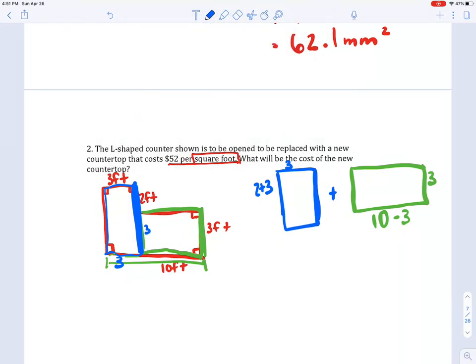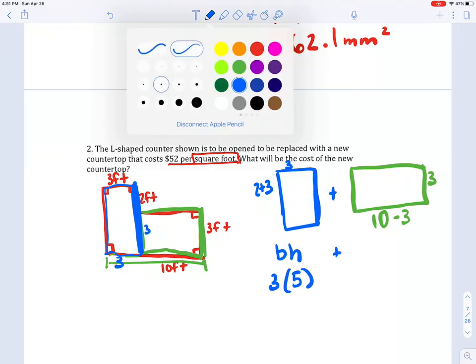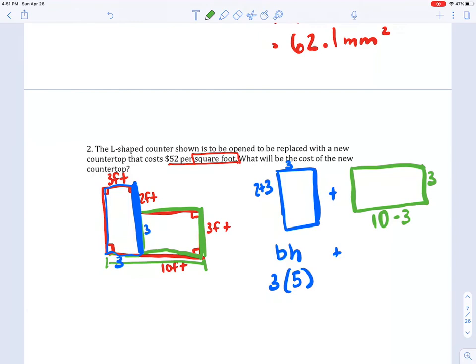Both of these are parallelograms, so I need base times height here, where my base is 3 and my height is 2 plus 3, or 5. And I need the base times the height here, where the base would be 10 minus 3, or 7, times the height, which is 3.